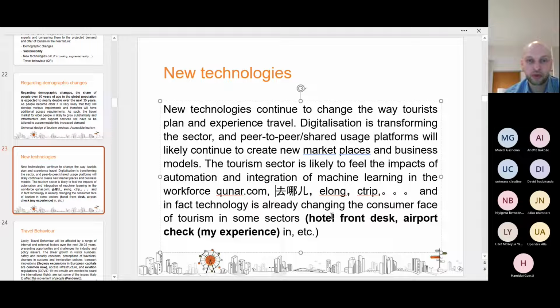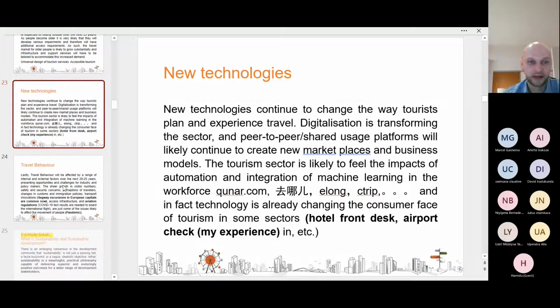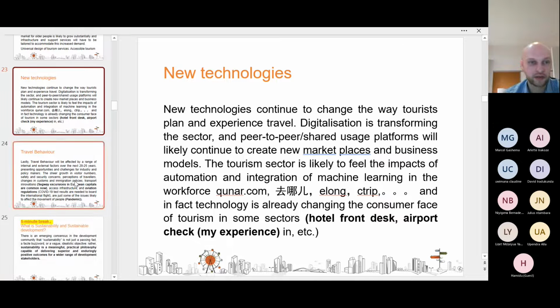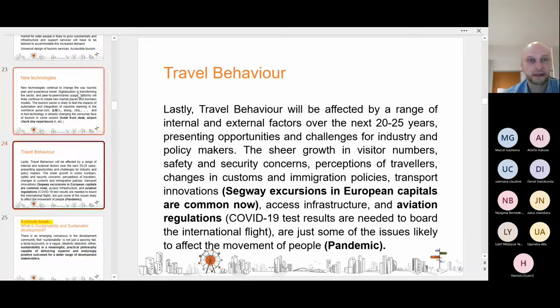Also at the airport, when you register your luggage, you also can do it automatically without help of human staff, let's say like that.